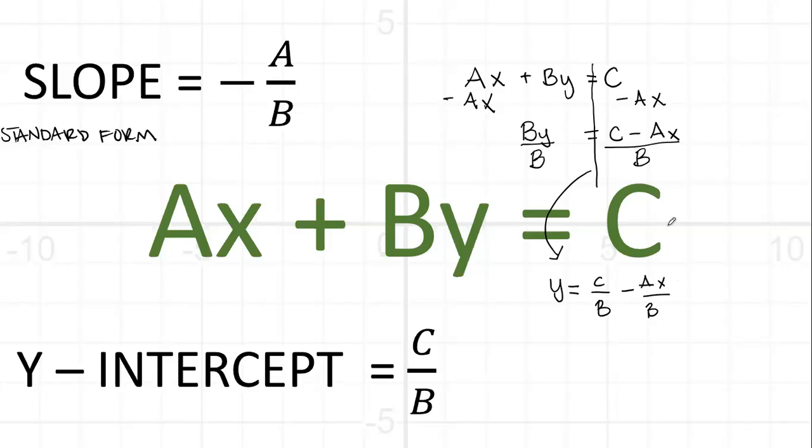Now, what we just did with letters, let us do it with numbers so that you can make the connection of why negative a over b and c over b are the slope and the y-intercept. Let me make up some easy numbers.